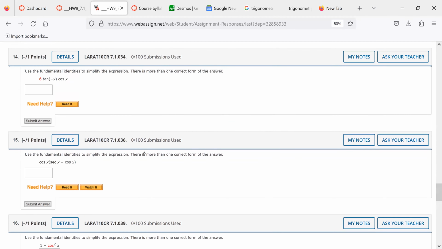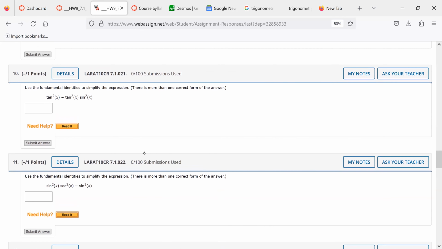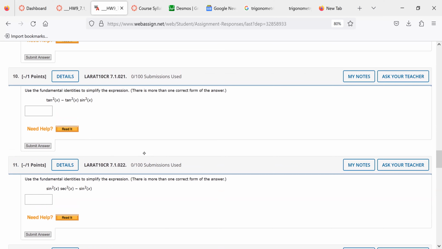Yeah, let's do. I'll do 10 and then I'll skip to 11. So do you see that they both have tangent in common, right? So factor out tangent when 1 minus sine squared, what is that equal to on your identities?